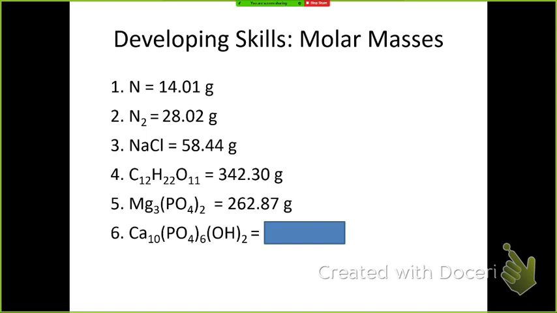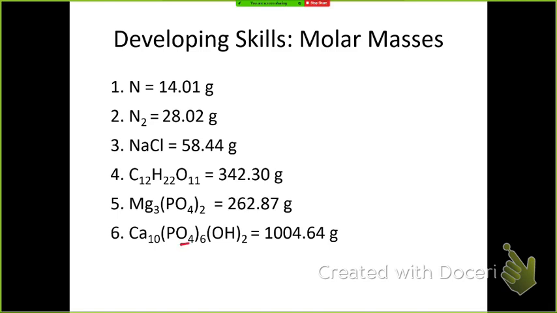So I'm going to give you the answer for number 6. You might have some different ones in your notes, I'm not sure. This is your molar mass for number 6. So notice in number 6 you have 10 calcium atoms, 6 phosphorus atoms, and then our oxygen is in 2 different places.